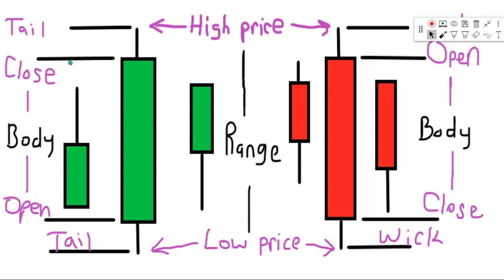And then the ends are oftentimes called tails or wicks, like a candle. I tend to use the term tail. The only difference between red and green candles is the green opens at the bottom, closes higher, and the red candles open at the top and close lower. So, very easy to read chart.